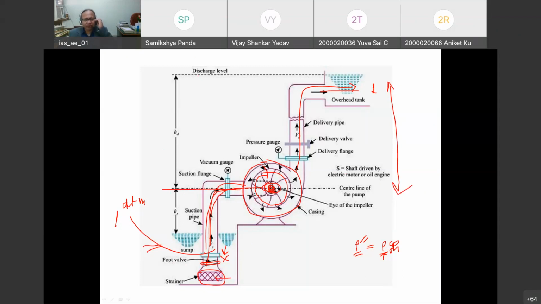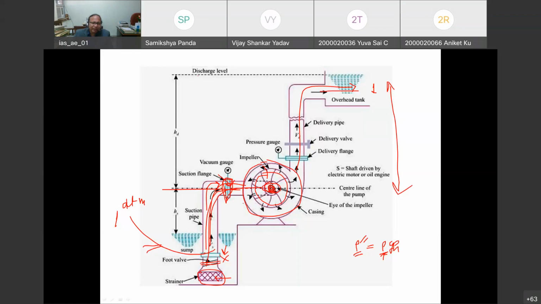The suction line joins the pump with a flange so that there will not be any leakage of air. Because if there is leakage, air is at 1 atmospheric pressure and you are going to create vacuum here, so air is lighter, and instead of water coming from this place, air will be sucked in.